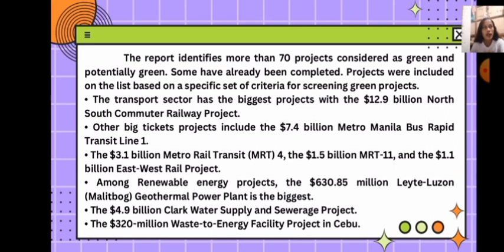So, as mentioned earlier, even though the Philippines is still a developing country, our government also proposes projects that are helpful for our environment and that enhance the social well-being and security of the people.